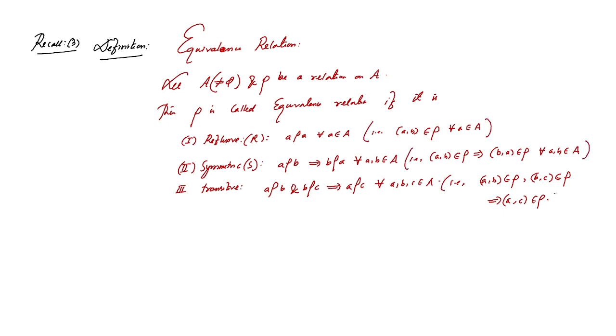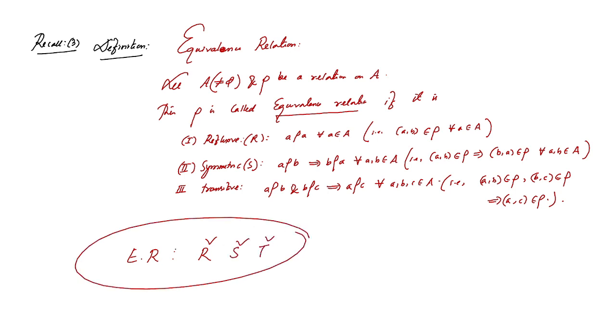See, different writers use different kinds of notation. And if these three hold, then the relation is called an equivalence relation: reflexive, symmetric, transitive. So equivalence relation means reflexive, yes; symmetric, yes; transitive, yes. So RST.